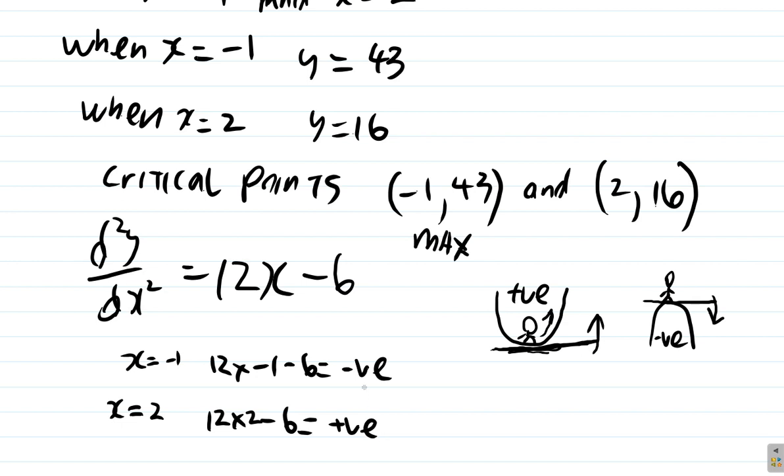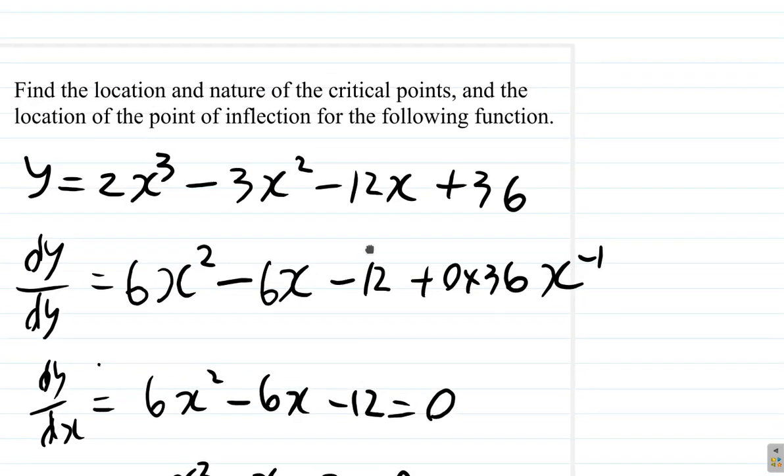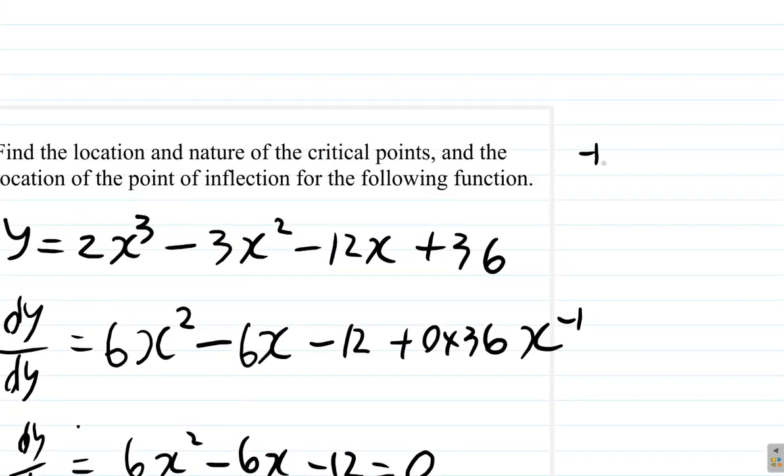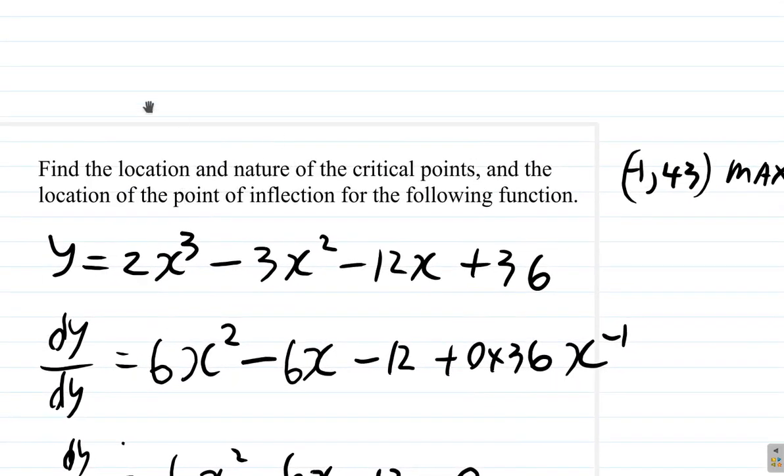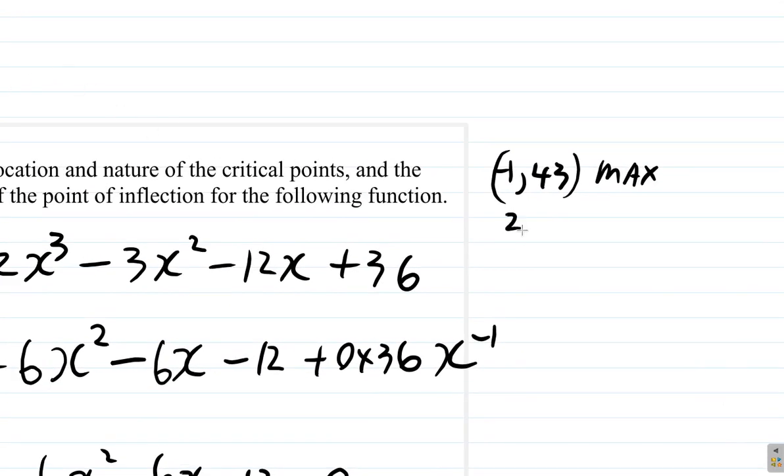It's a positive value. Right? So this is going to be a minimum point. So the critical points are, let me just write it up here, (-1, 43) is a maximum point, and (2, 16) is a minimum point.